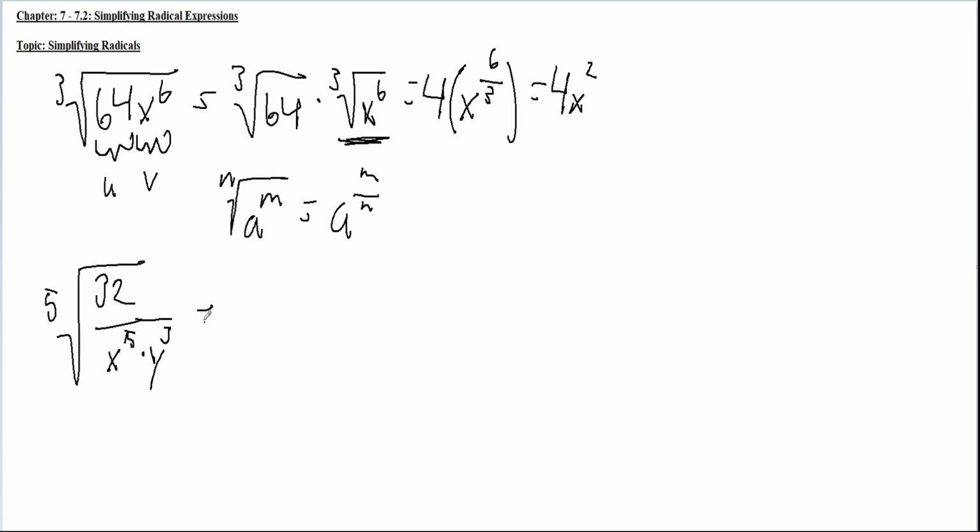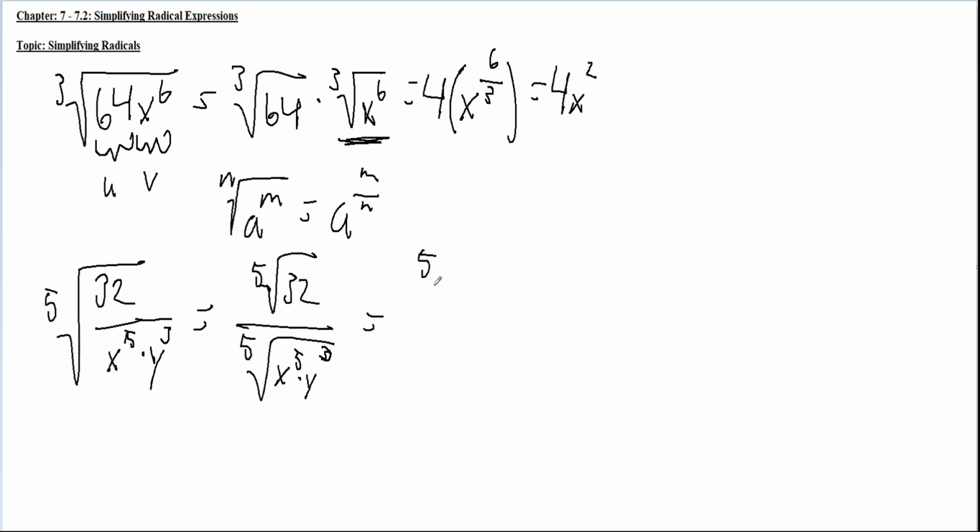So again, I have to use my definition for division, and so I have the 5th root of 32 divided by the 5th root of x to the 15th times y to the 3rd. And now, in this denominator, I can split apart x to the 15th and y to the 3rd.